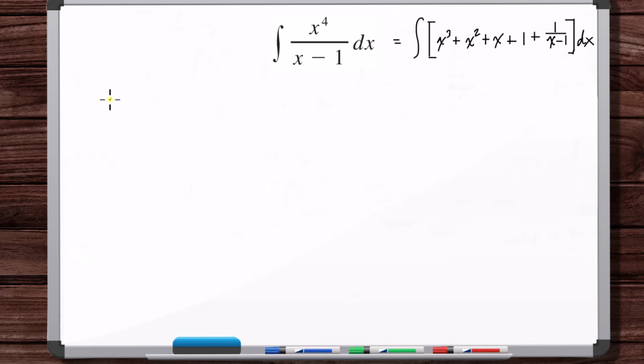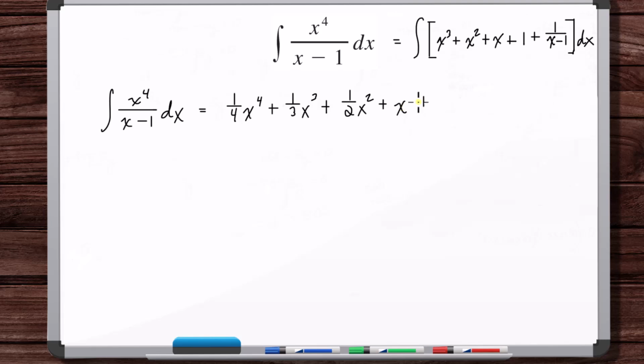Okay, so we see that this integral is equal to 1/4 x to the fourth plus 1/3 x cubed plus 1/2 x squared plus x plus the integral.